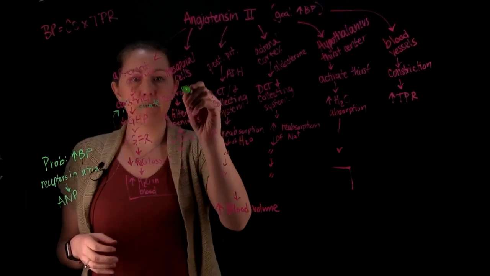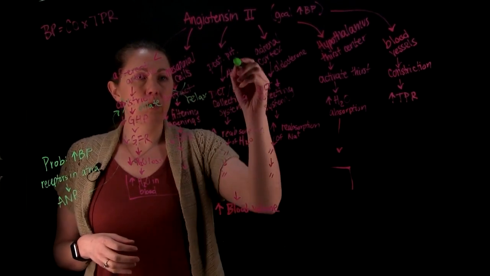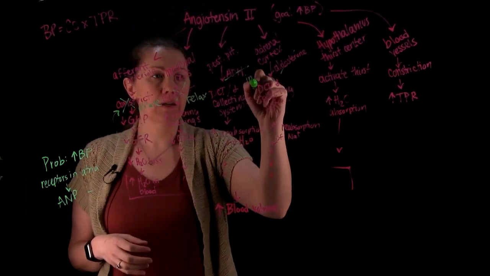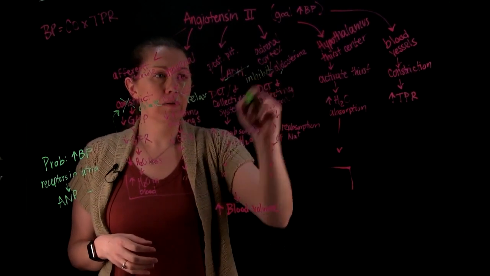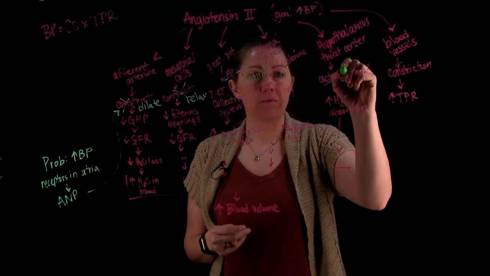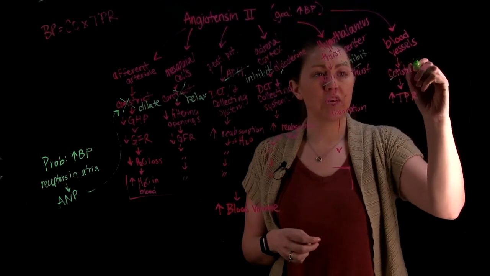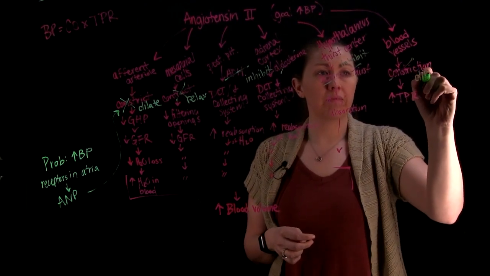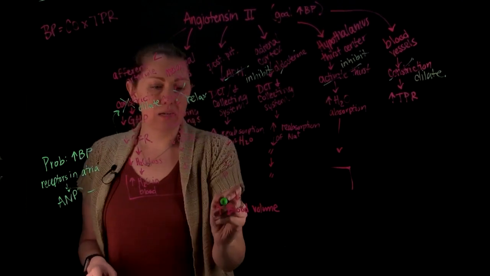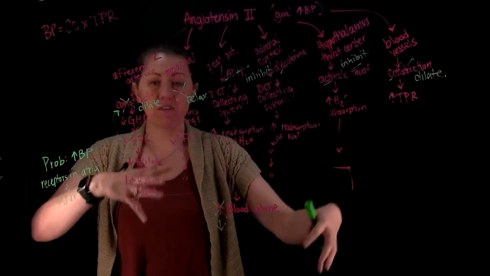Instead of contracting the mesangial cells, you relax them. You will turn this off, you will turn this off. So you're going to inhibit here. You'll turn this off. Again, another inhibit. And then over here, instead of constriction, you'll dilate. Basically, the overall job of ANP is to lower blood volume by doing the opposite of everything we saw here.